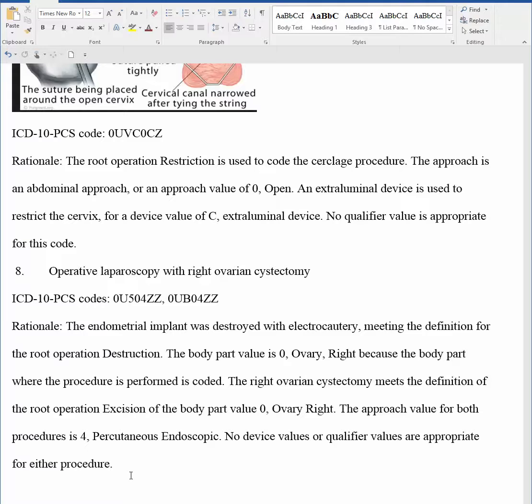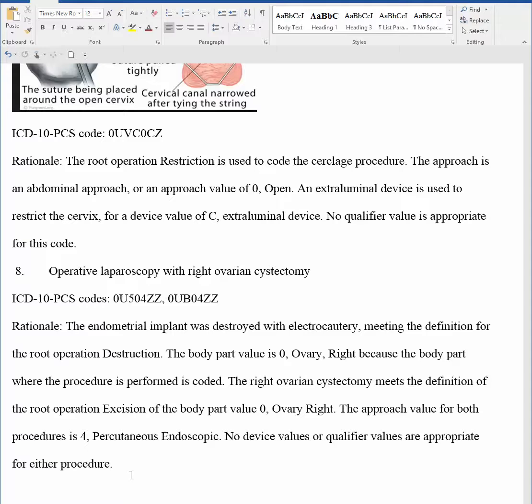And once the physician gets in here, he destroys that extra tissue, which he calls an evidence of an endometriotic implant. He destroys that with electrocautery, which is the root operation of destruction.